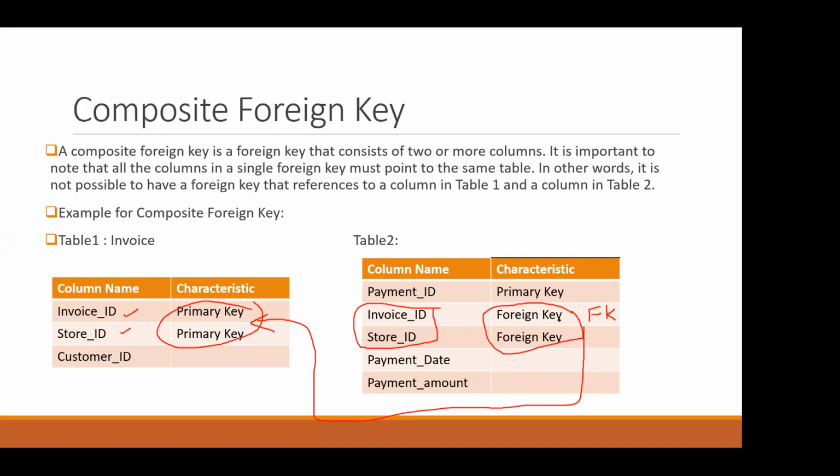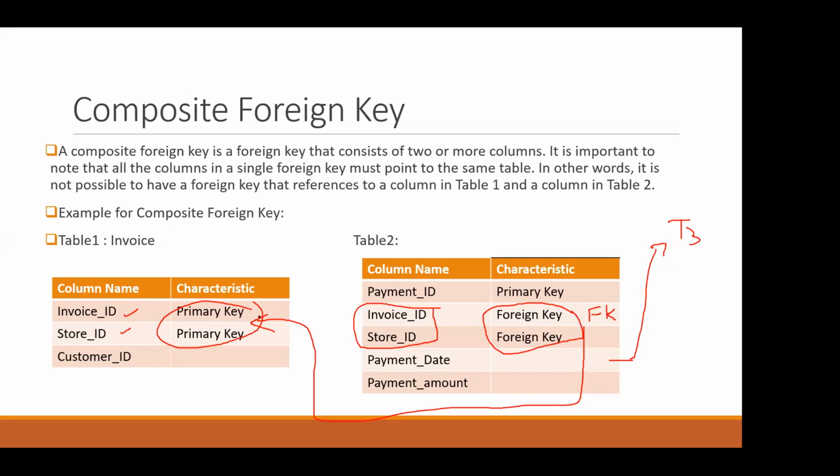So one table can have only one primary key, and here suppose I am defining payment date as also a foreign key, maybe it can refer to another table, table 3. That means one table can have many foreign keys that are related with other tables, and this invoice ID, store ID is related with another table.